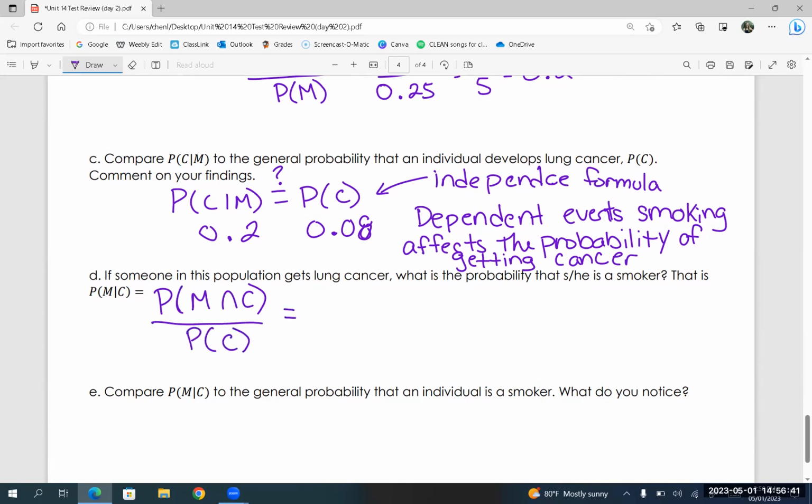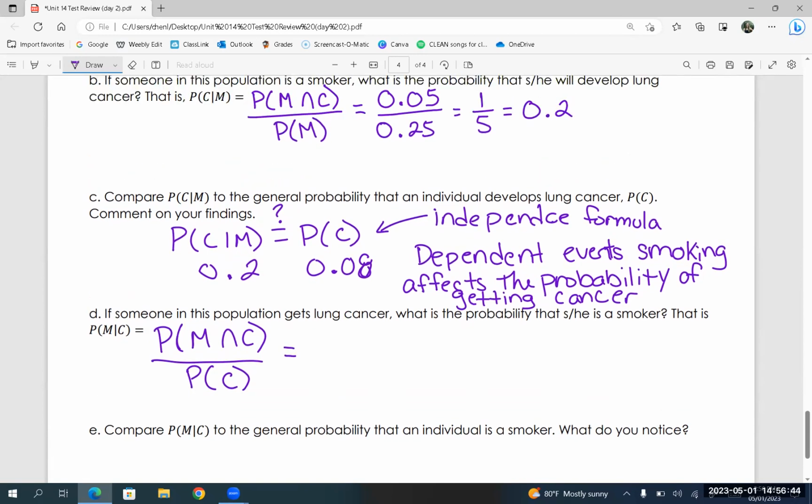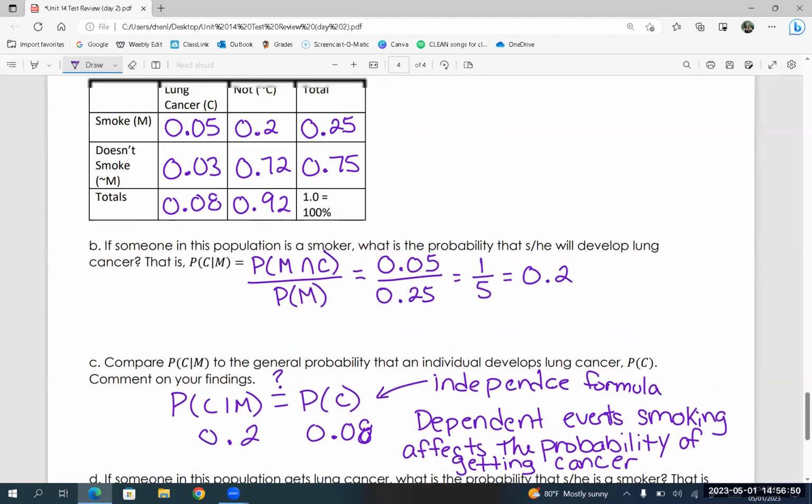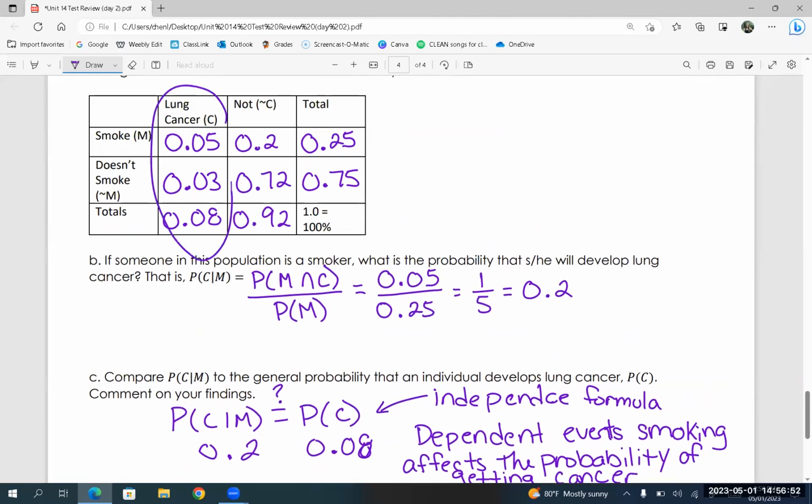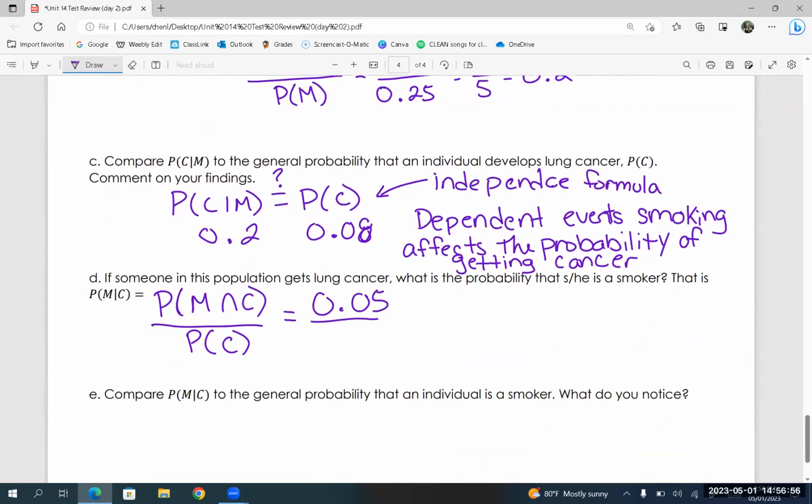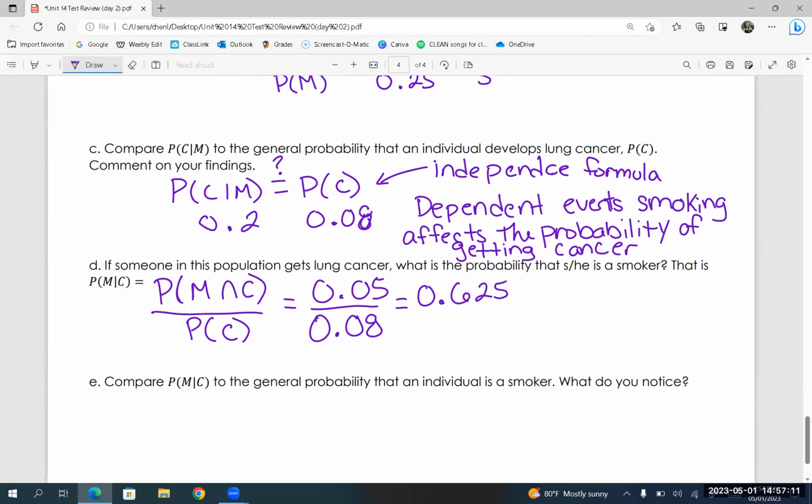Smoking and cancer was 0.05, divided by the probability of getting cancer, looking back at our two-way table, 0.08. That reduces to 5/8, or 0.625. Changed to a percent, it is 62.5%.